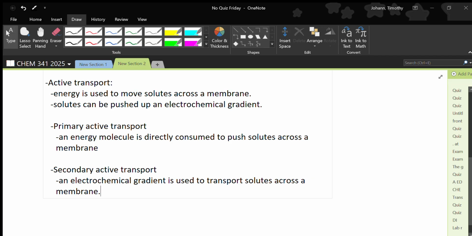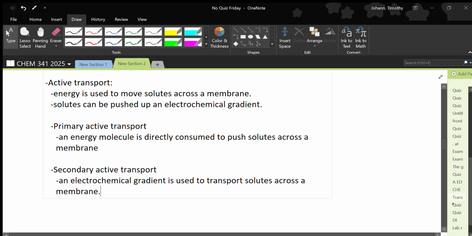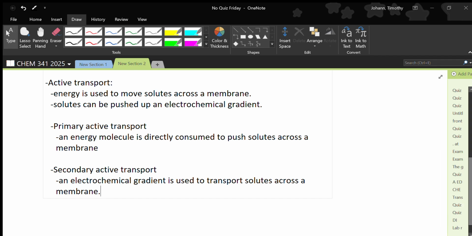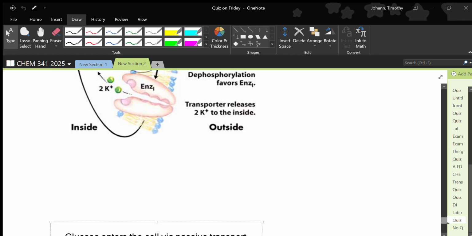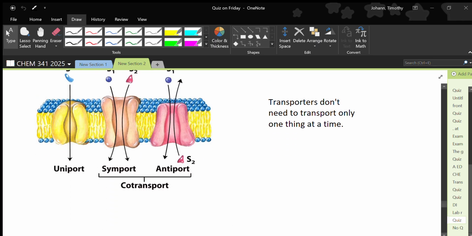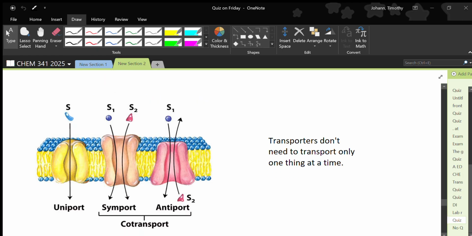What I'm talking about is when we talked last lecture, we ended up talking about uniport, symport and antiport. Okay? So when we talk about secondary active transport, perhaps something's been pushed out, like S2, and then it comes back in through active transport, and S2 comes back in with S1.